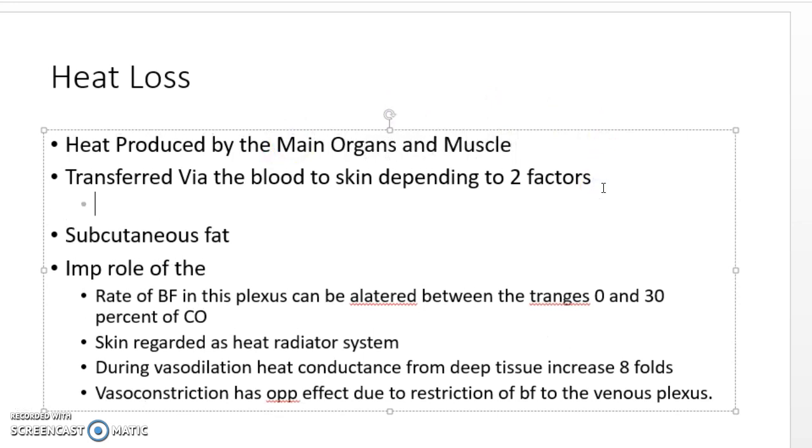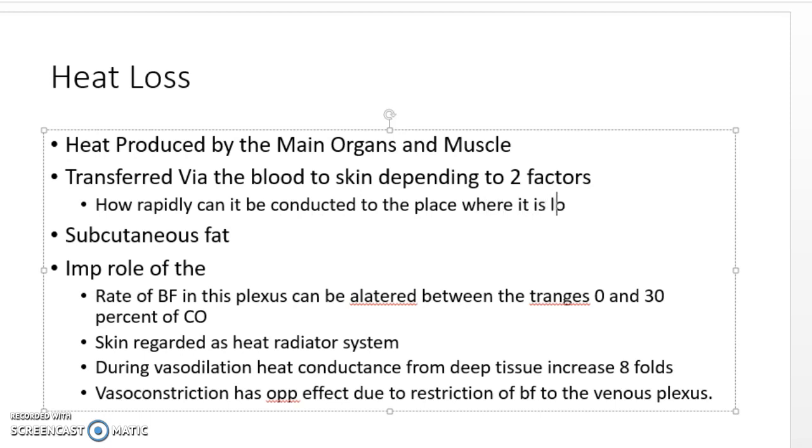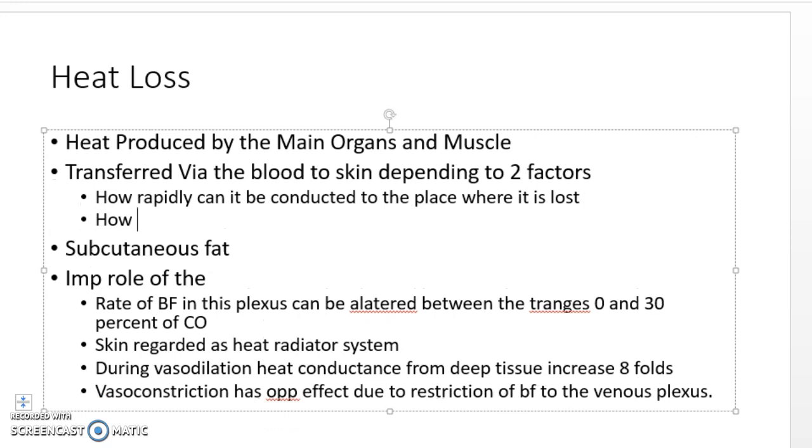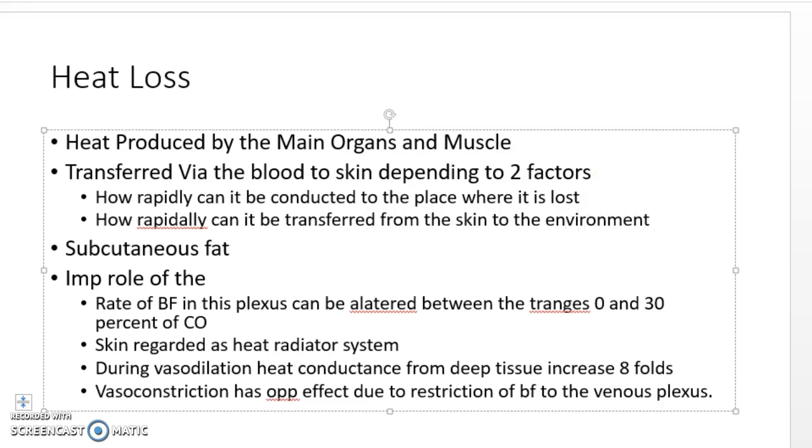It depends upon 2 factors: how rapidly can it be conducted to the place where it is lost, and how rapidly can it be transferred from the skin to the environment outside the body. So these are 2 places. How long will it take to replace the loss, and how long will it take to transfer it from the skin to the environment.